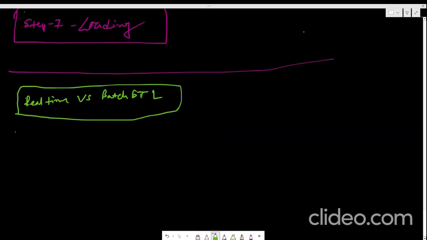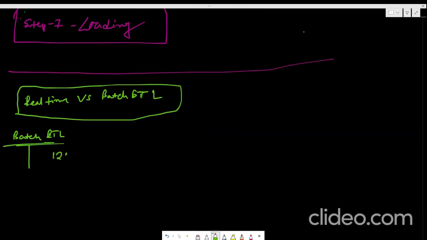So the traditional batch ETL, how is it? There can be some jobs, some singular jobs that actually run. Suppose it is 12 a.m. Then the data extraction happens. Then the transformation happens.